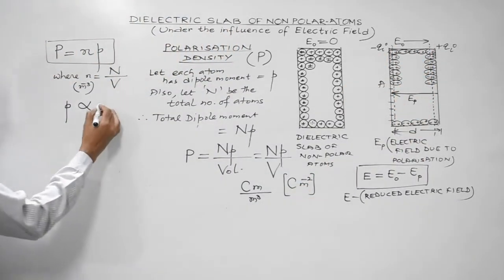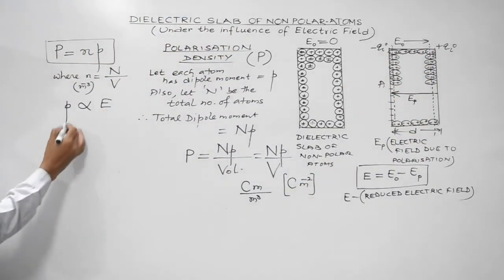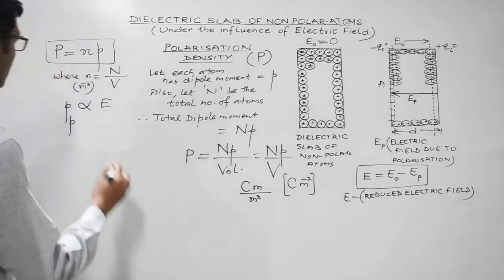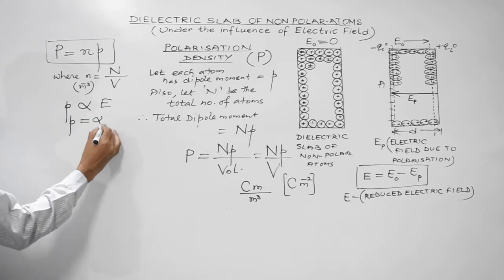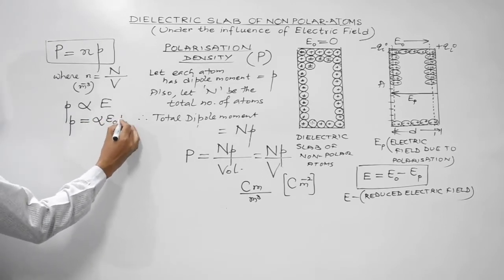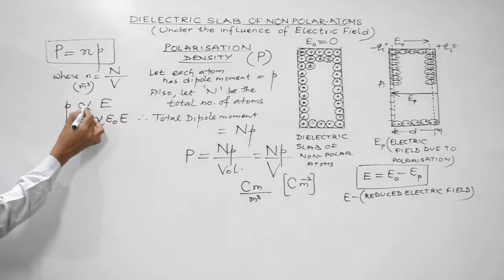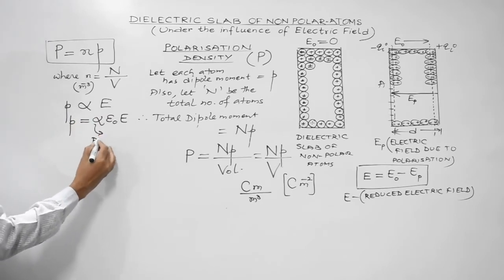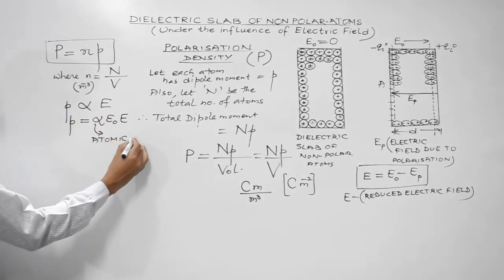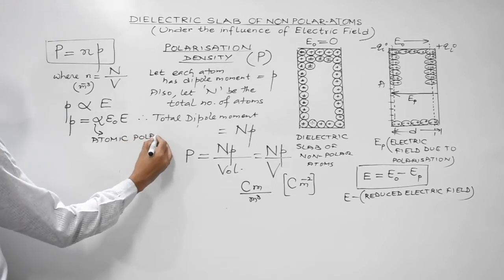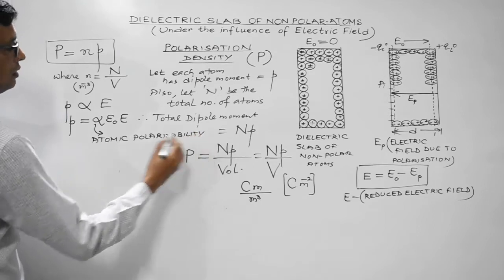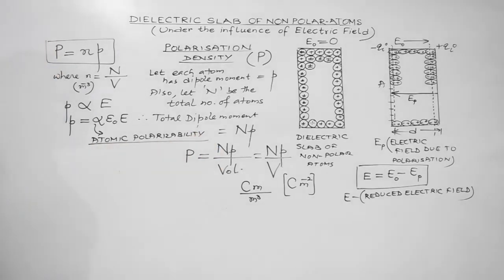That is, it is found to be proportional to E. Now in order to eliminate this proportionality sign, we need to introduce some constant, and that constant is alpha epsilon naught. So p equals alpha epsilon naught E, and this alpha is known as atomic polarizability.